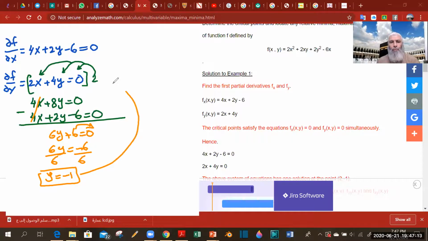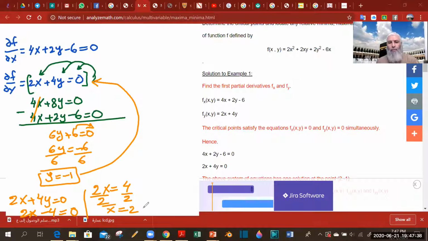We can substitute in any function. Let's say this here. So 2x plus 4y equal to 0, which is 2x minus 4 equal to 0, because y is negative 1, right? So 2x, this 4 can come to the other side, equals 4, divided by 2, so x equals 2.